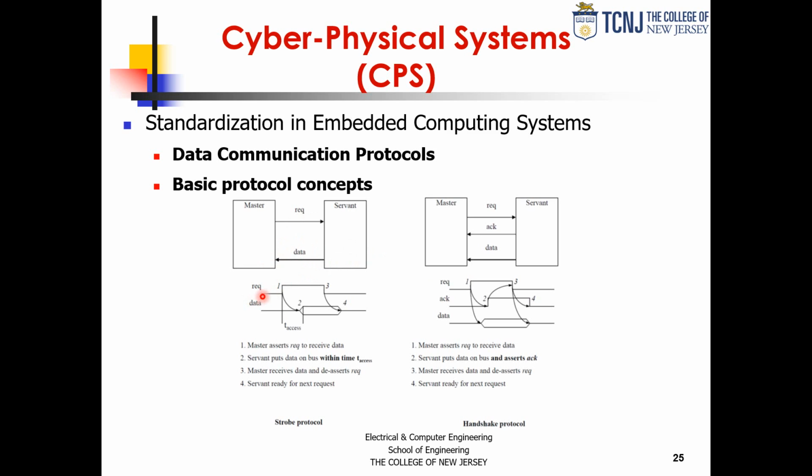Here, the master asserts the request line, and by construction and design, we know that if the master waits the access time here, by that time, the slave would have put that data on the bus, and the master can get it and then deassert the request line.